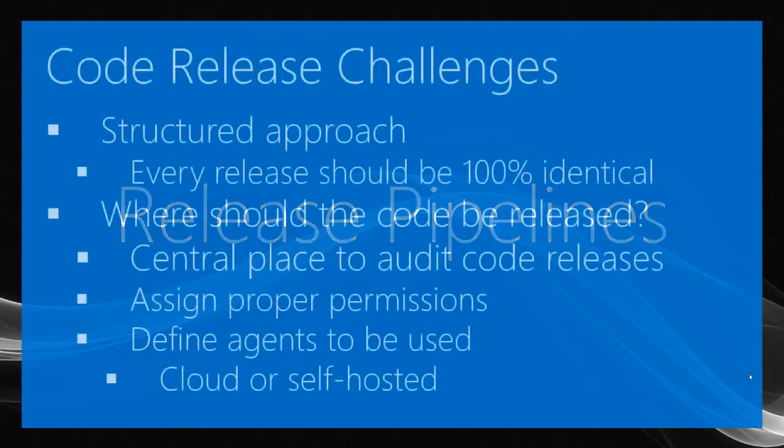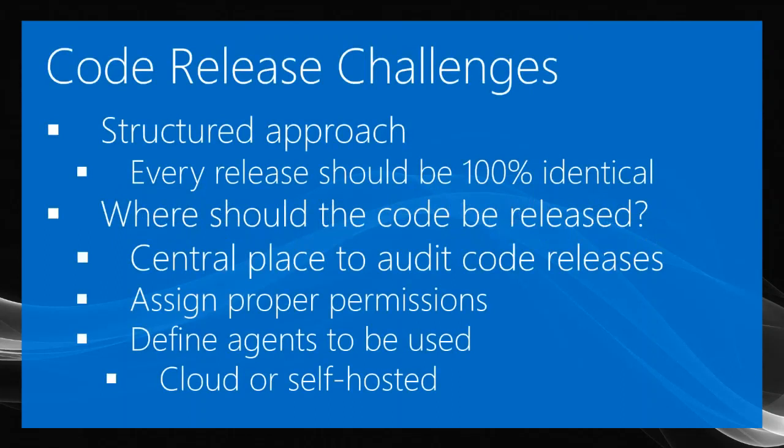Now, first, what we need to ensure when we release code to our production platform is that every single release is absolutely identical. Of course, not from a code perspective, because the code might change, but the process to release the code should always be the same.